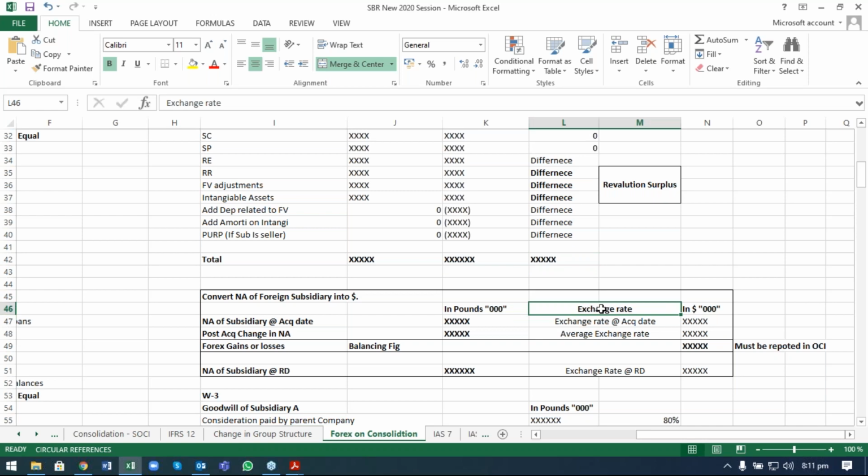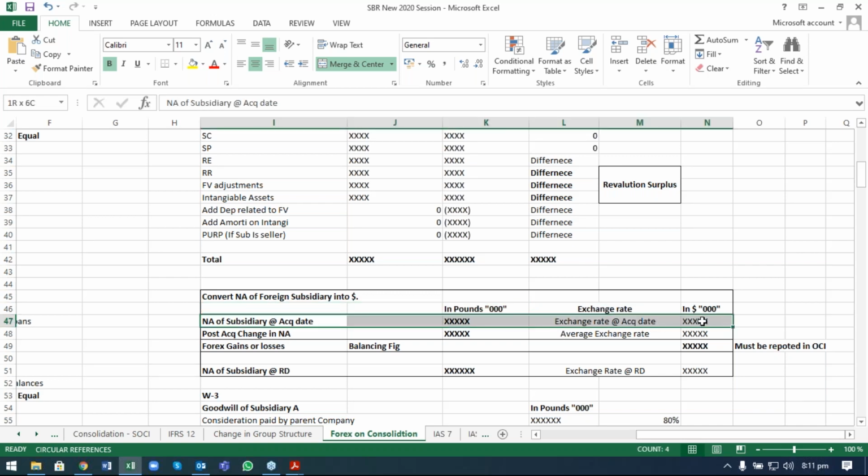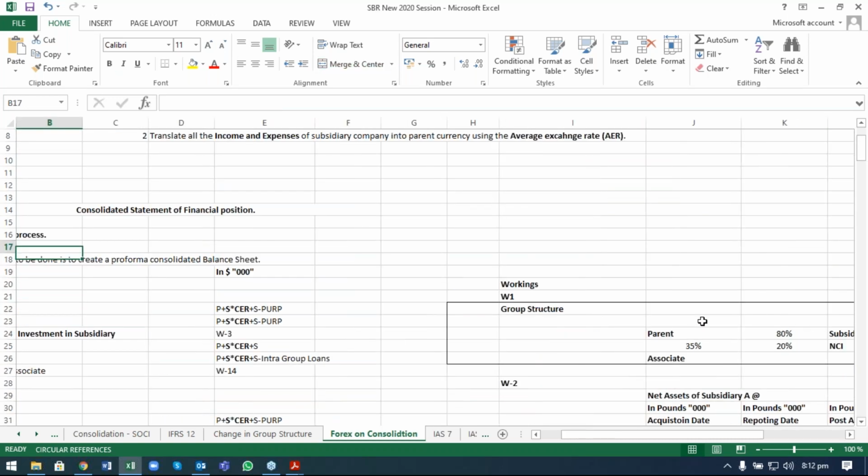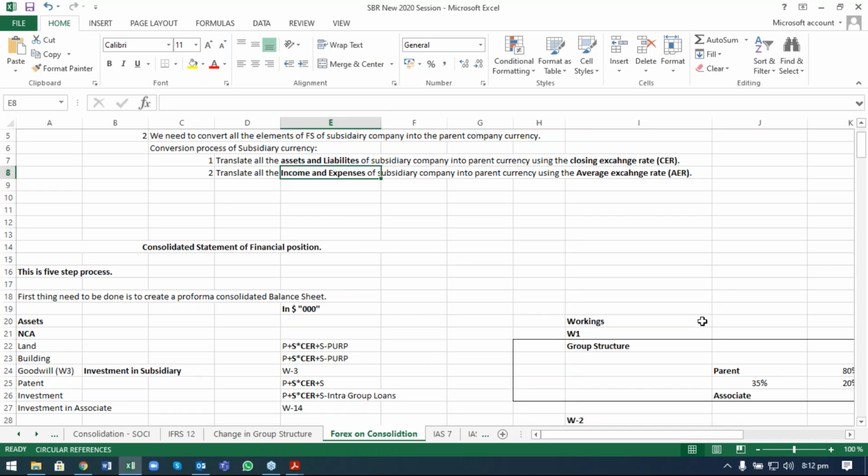IAS 21 specifies that within the consolidated financial statements, the opening exchange rate and the closing exchange rate must be applied to the assets and liabilities of the subsidiary. But for the income and expenses section, you have to use the average rate. These are the two requirements.